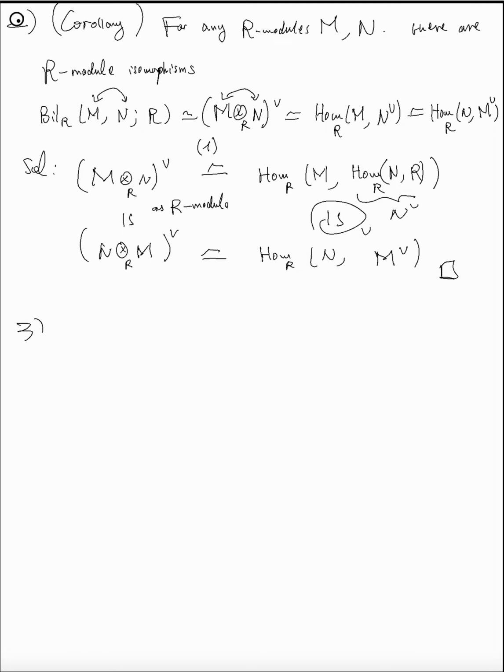So the last part, a counterexample. There is a symmetry for the tensor, but we never say that there is a symmetry for Hom, right? We only say there is a symmetry for the dual. And it's very easy to give counterexamples.